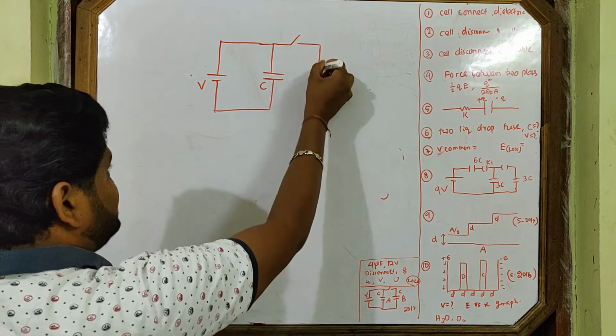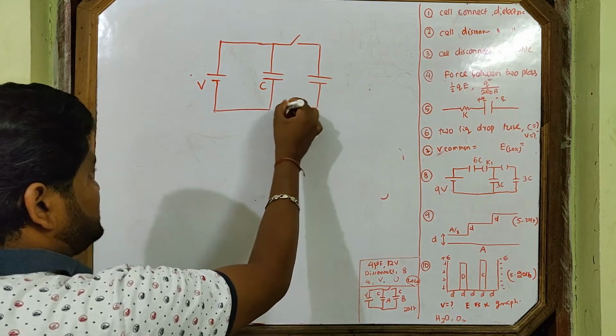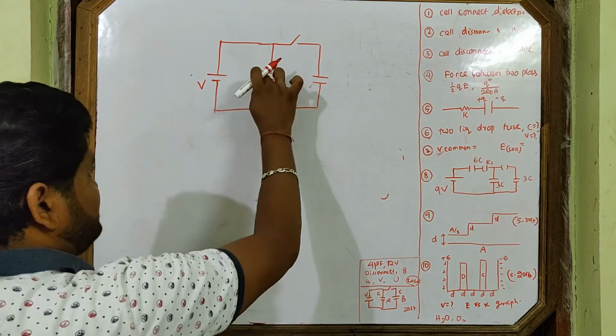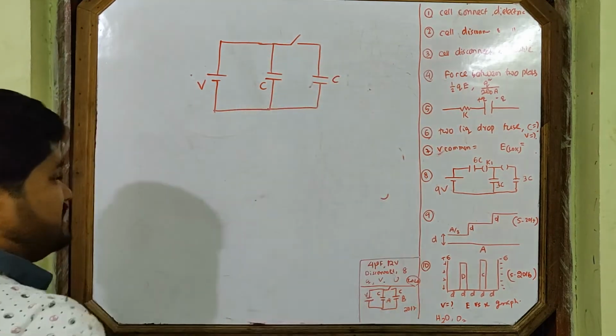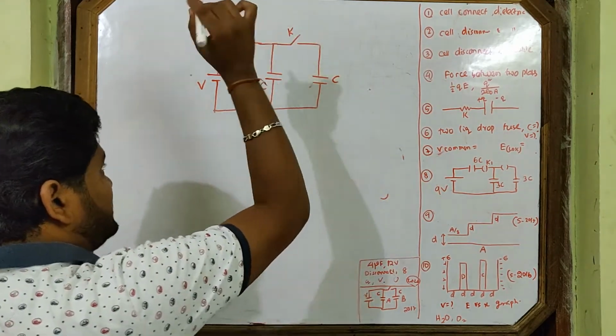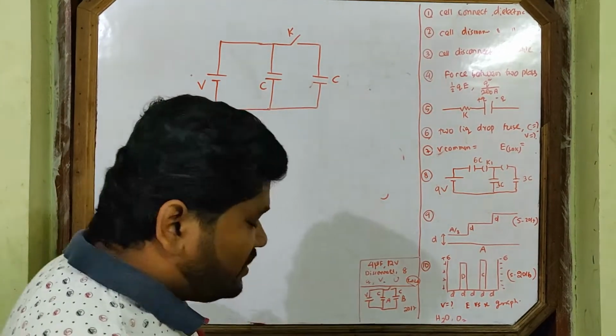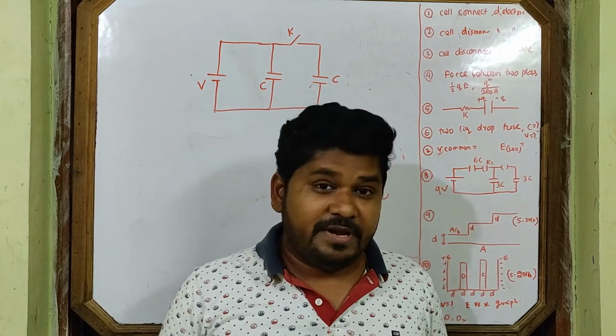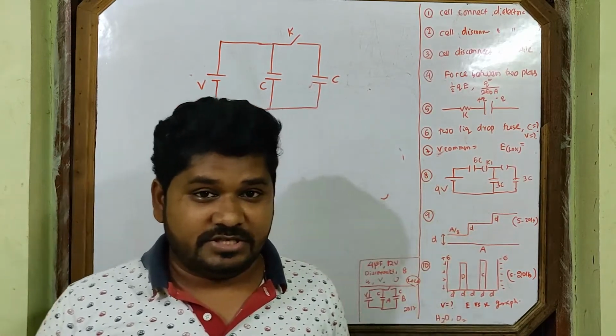Here is one key. Here is another capacitor, the same C, connected. This is the key K. This question came in the 2017 board examination, and many students made mistakes in it.